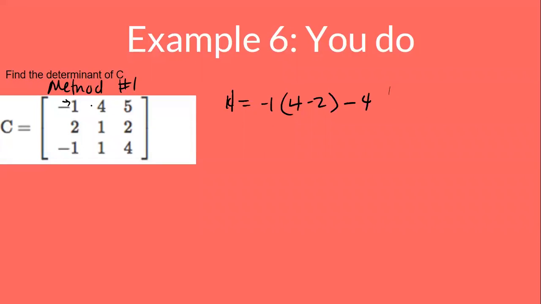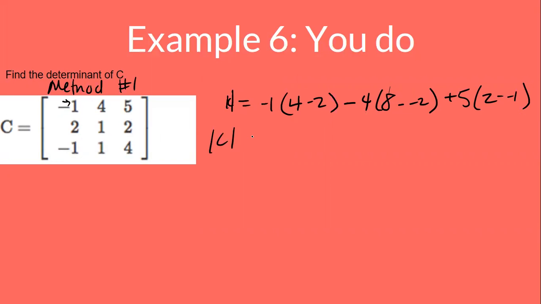If I block out row 1, column 2, that gives me 2 times 4 is 8. 2 times -1 is -2. And then plus 5. And block it all out. 2 times 1 is 2. 1 times -1 is -1.